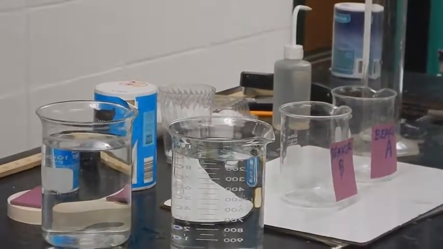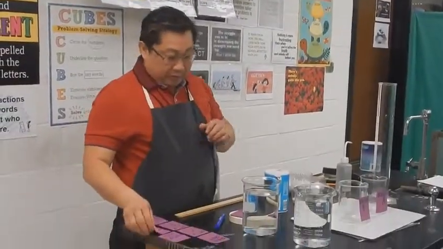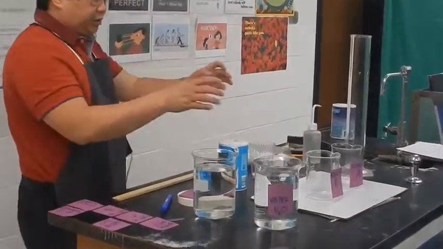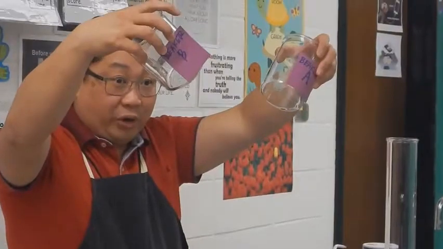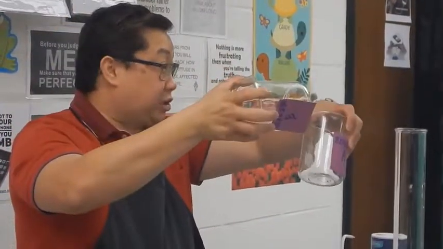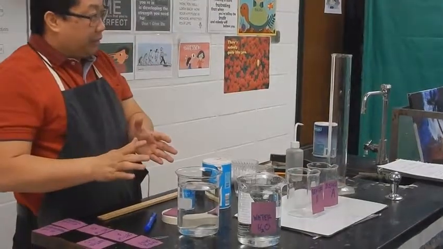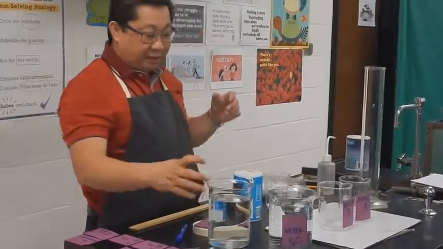The next thing that I will do is that I will transfer water to both beakers. Both beakers are of the same size and are of the same width and height. So it's constant. Now I'll be putting the same amount of water, and that is 400 ml.